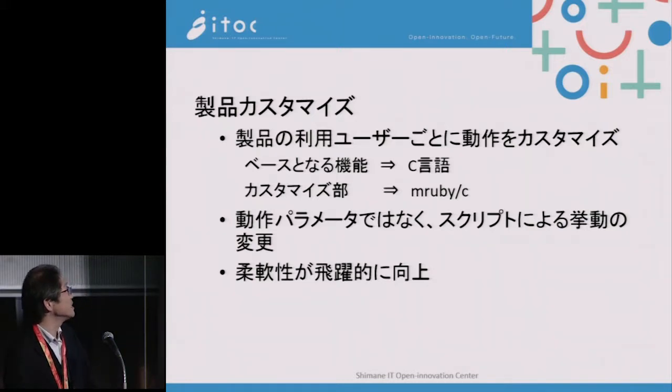And the next case is product customization. This can be applied to users who already have a particular product. So the base is covered by the C language, and if you want to do something on top of that, the customized portion can be done by mruby or mruby/C.